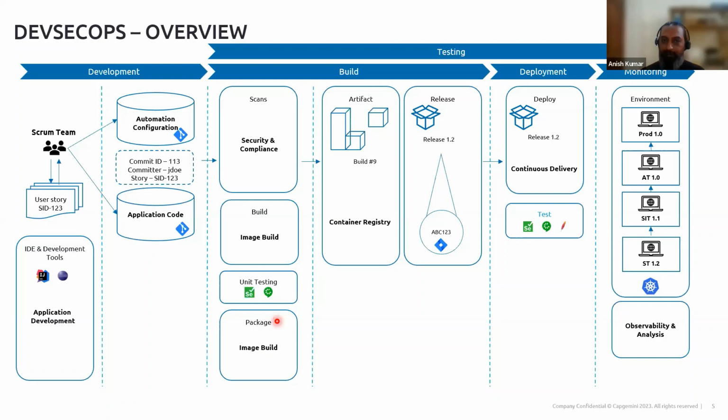Once the package is created, it has to be stored in the container registry or artifactory. For example, JFrog and Nexus are different products which can provide these capabilities. These artifacts are typically what gets deployed onto your target environment.